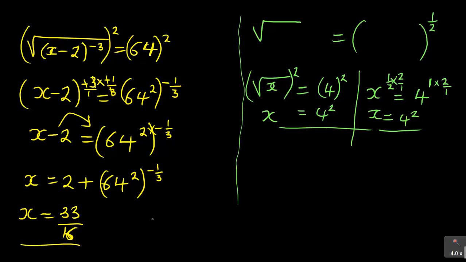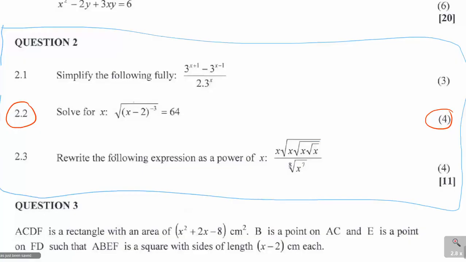Now I need to prove it, test it. Where there is x here, I'm going to put what? 33 over 16. Then let's see what it will give me. It must give me 64. Remember, the answer says that when you put here 33 over 16, you must get what? 64. So let's do that.